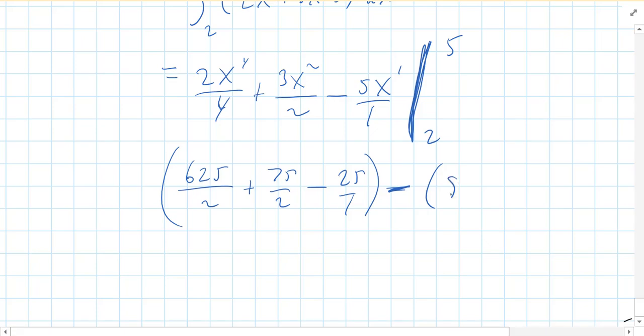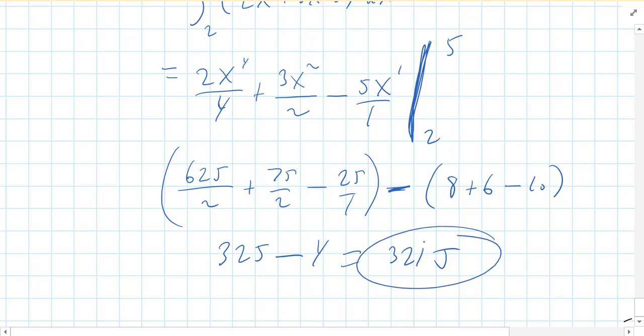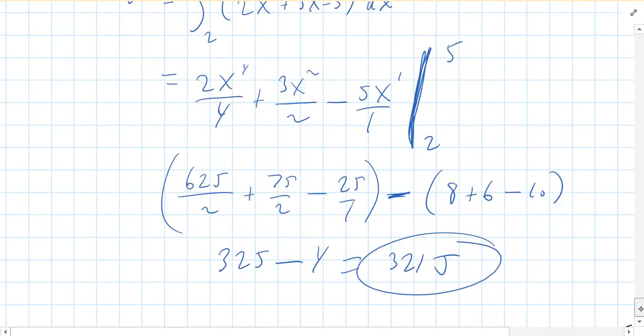Half of that would be 8, plus 6, and then minus 10. Let's see, 625 plus 75 is 700, so that's 350, minus 25 is 325, minus 4. So your answer would be 321 joules. That's how much work that force did in moving the object from 2 to 5 meters.